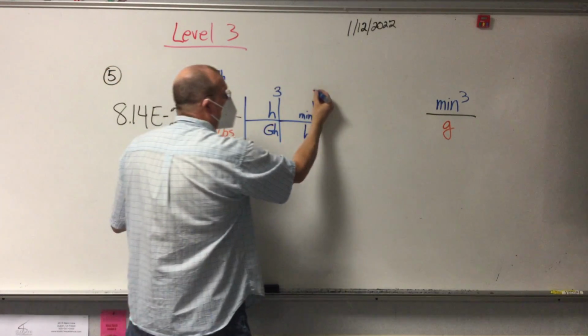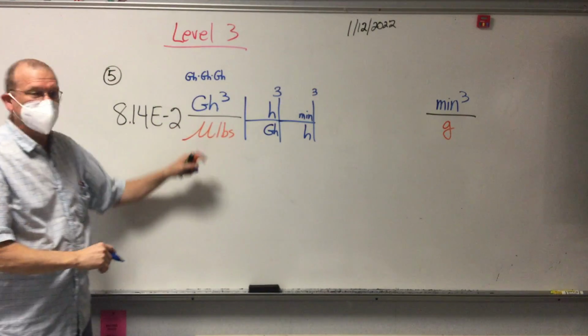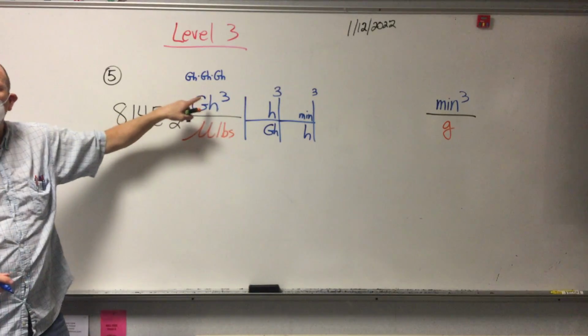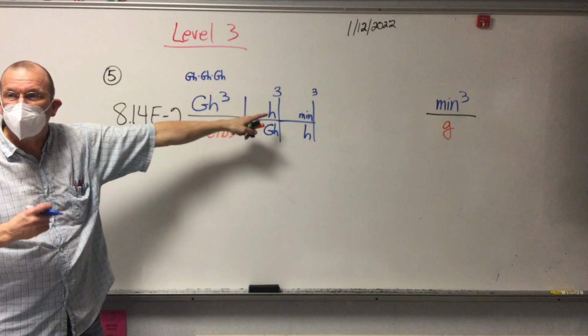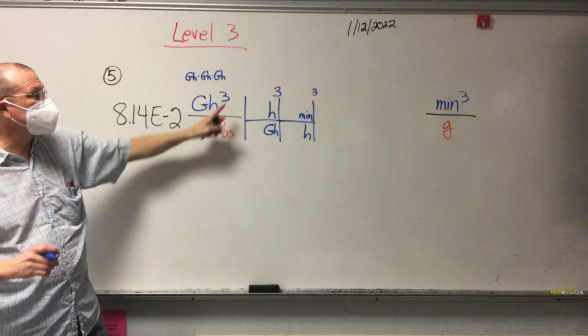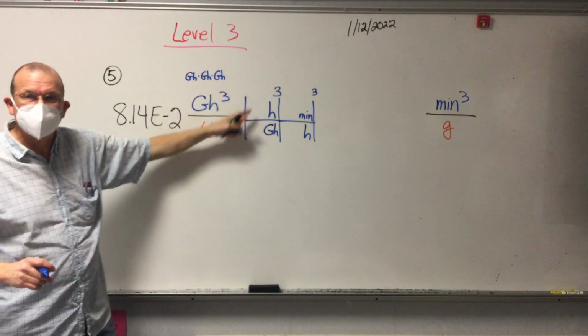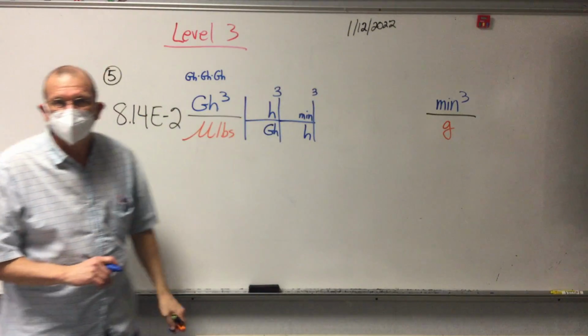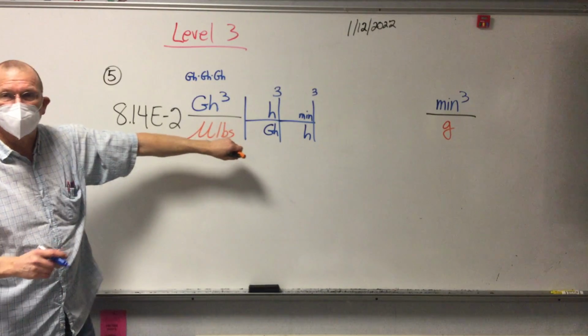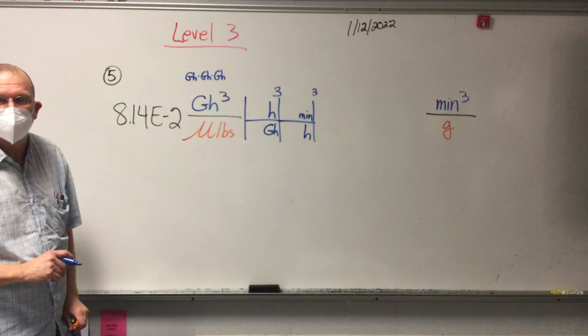Yes. Every single, and this is where the color coding is nice. Since the cube is with this blue unit, anything we do in blue is going to have a cube with it. So it's not just the first step that gets the cube, it's any step associated with getting from giga-hours to minutes. Okay, now numbers. What numbers are we putting in the first one?